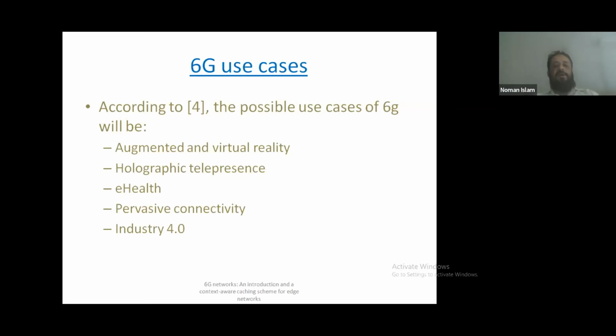Even smart applications will be possible. Pervasive connectivity based on ubiquitous computing will be possible. Industry 4.0, in which the whole industry will be automated by employing robotics, artificial intelligence, and automation. The whole industry will be working without the support of any human being.